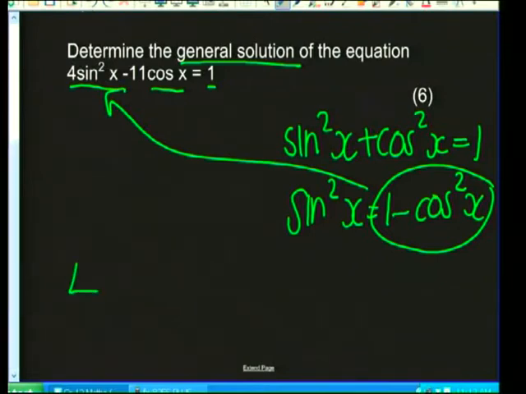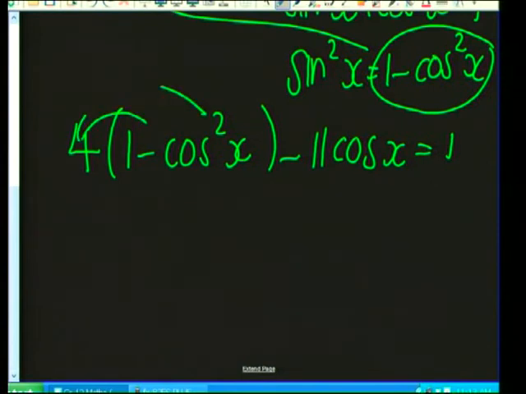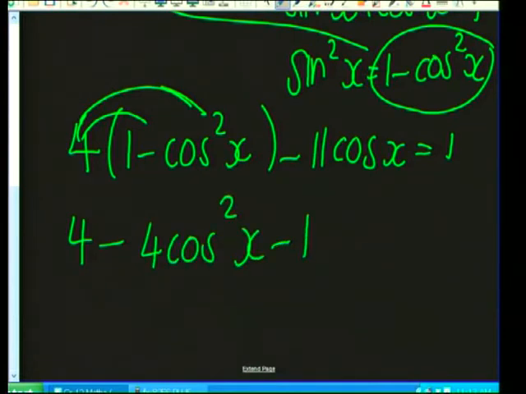So then this becomes 4, remember now, that's 1 minus cos squared x, minus 11 cos x equal to 1. Multiplying into this bracket, we get 4 minus 4 cos squared x minus 11 cos x. And let's bring everything to one side. Minus 1 equal to 0. Because essentially it's an equation, and before we can solve an equation, it has to equal 0. Let's add our like terms.